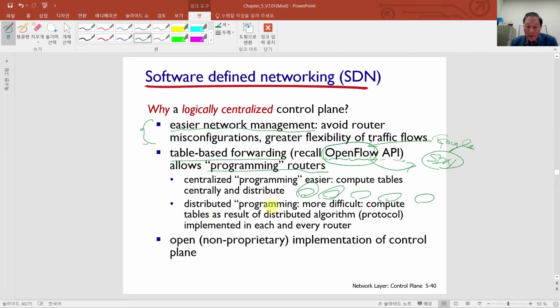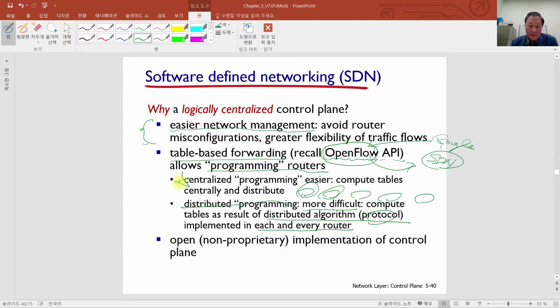And distributed programming, if we are using this one, may be more difficult. This one is computing tables as a result of a distributed algorithm or protocol implemented in each and every router.